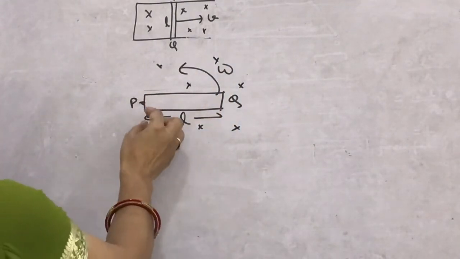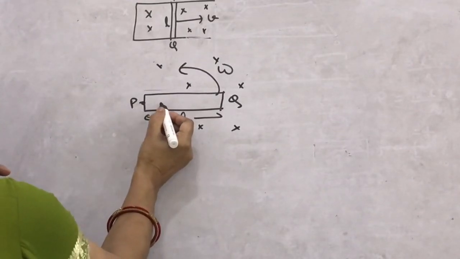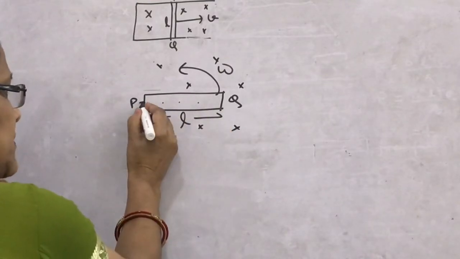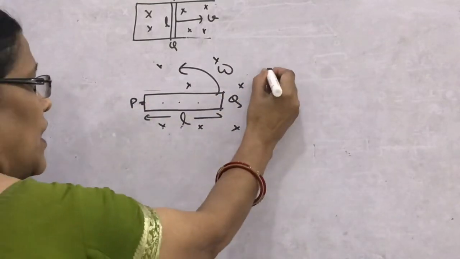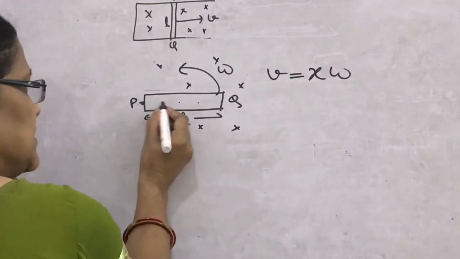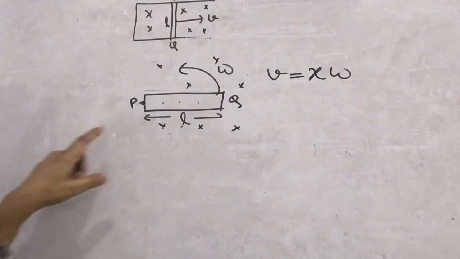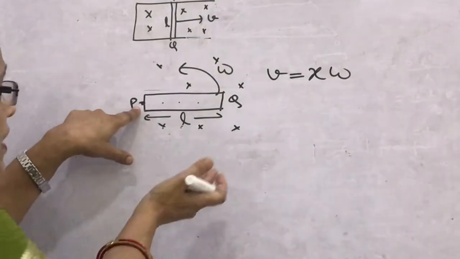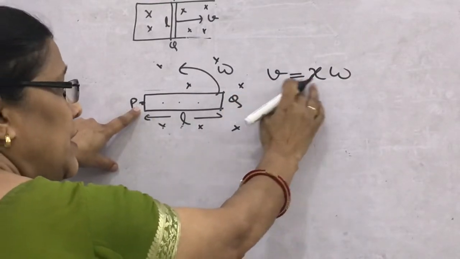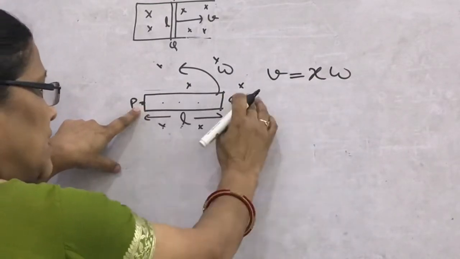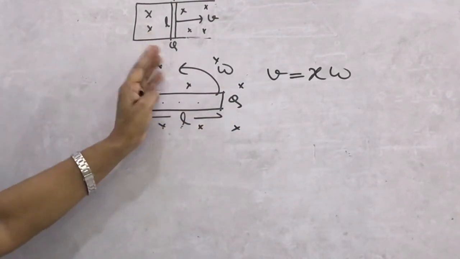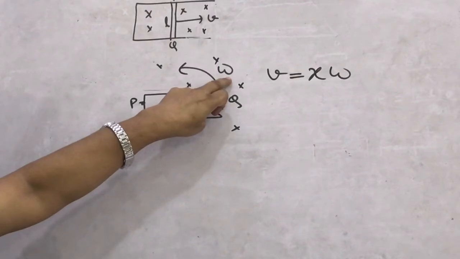Look, any point you consider within the rod, the larger the distance from P, the more will be the velocity, and you have read the relation v equal to x omega, where x is the distance of that point from the hinged point P. The rod is moving about P. So the linear velocity of every point far away from P is more, but all points move along with the rod with the same angular velocity omega.